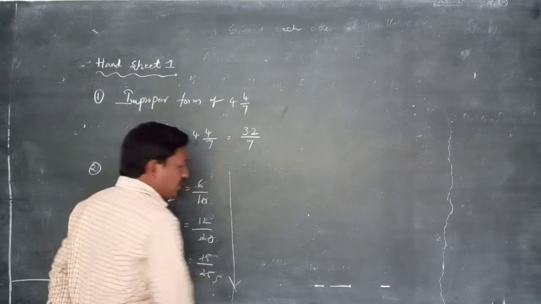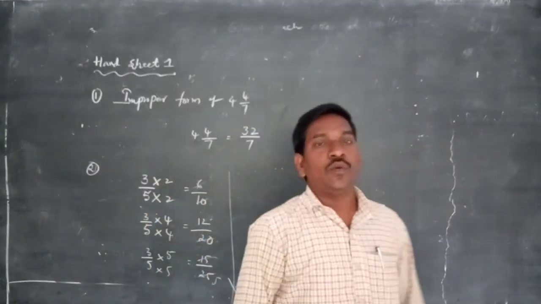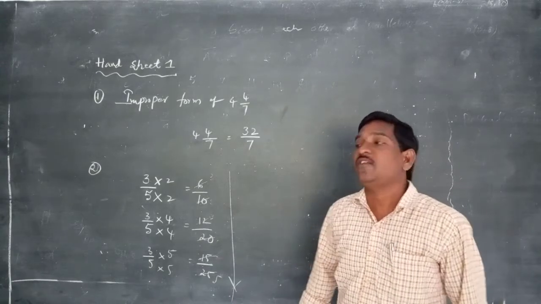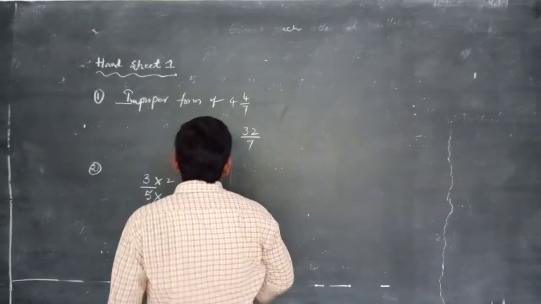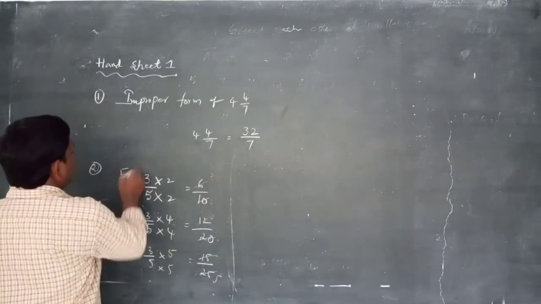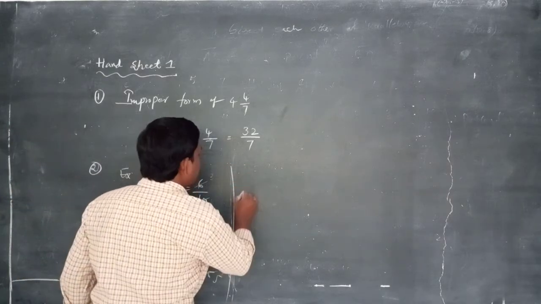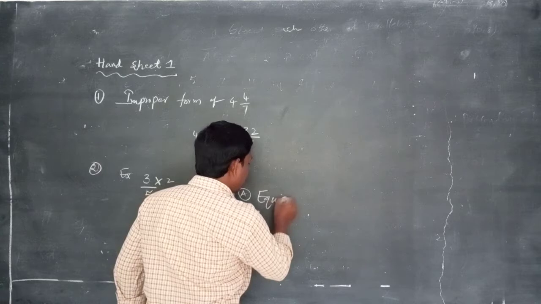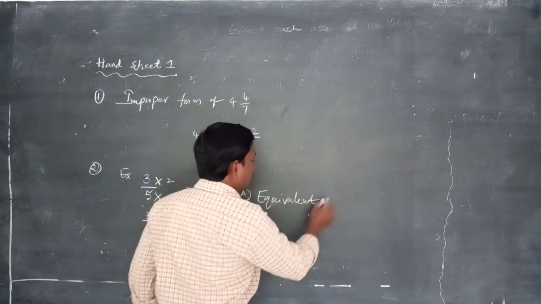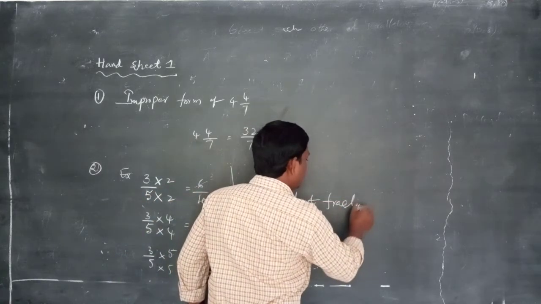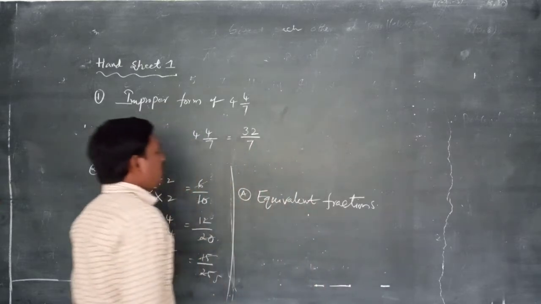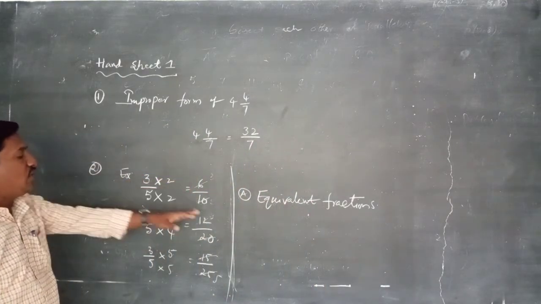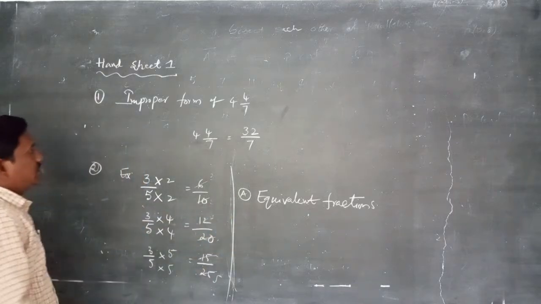So if we multiply numerator and denominator with the same constant, we obtain equivalent fractions. This is the example and explanation. The answer is equivalent fractions.